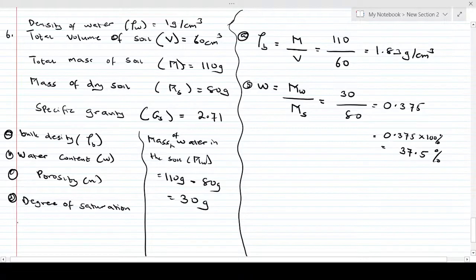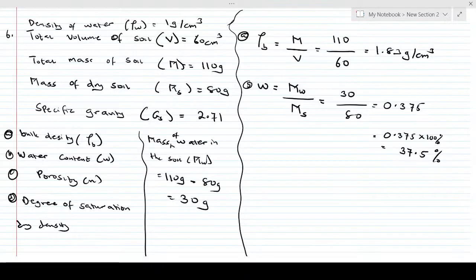Now, I forgot something here. We are supposed to find the dry density as well. So the dry density is simply the mass of the dry soil over the volume.